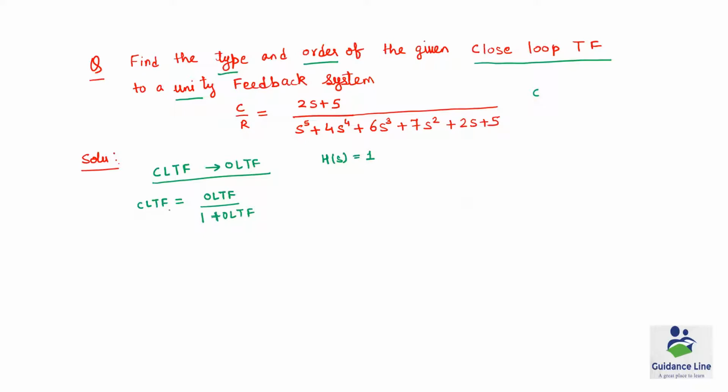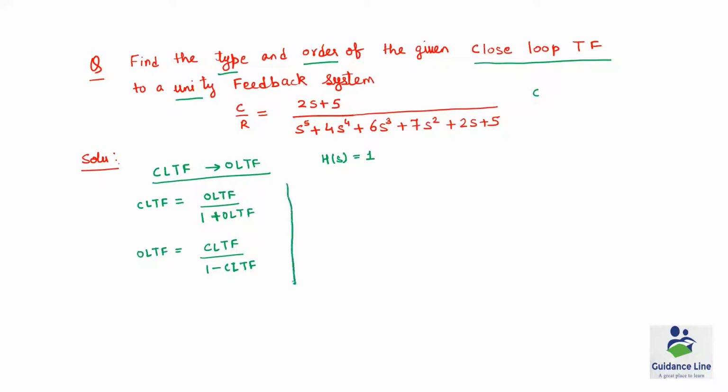So CLTF is nothing but OLTF divided by 1 plus OLTF. From this expression I can find OLTF as CLTF over 1 minus CLTF. Okay, if you rearrange the things you get this particular expression.